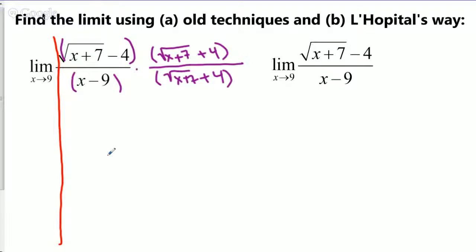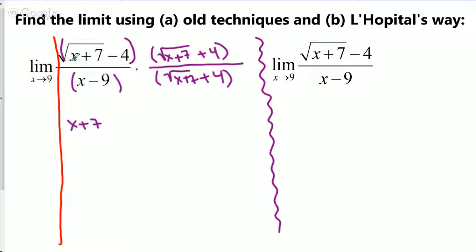Okay. All right, let me do this. Okay, so now let's go ahead. What we'll do is distribute the numerators, keep the denominators in factored form. So when I distribute, square root of x plus 7 times square root of x plus 7 just becomes plain old x plus 7, right?